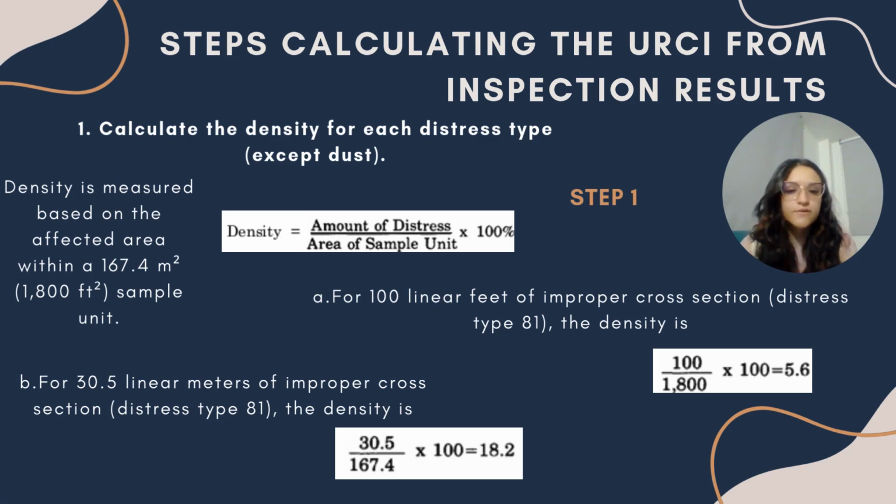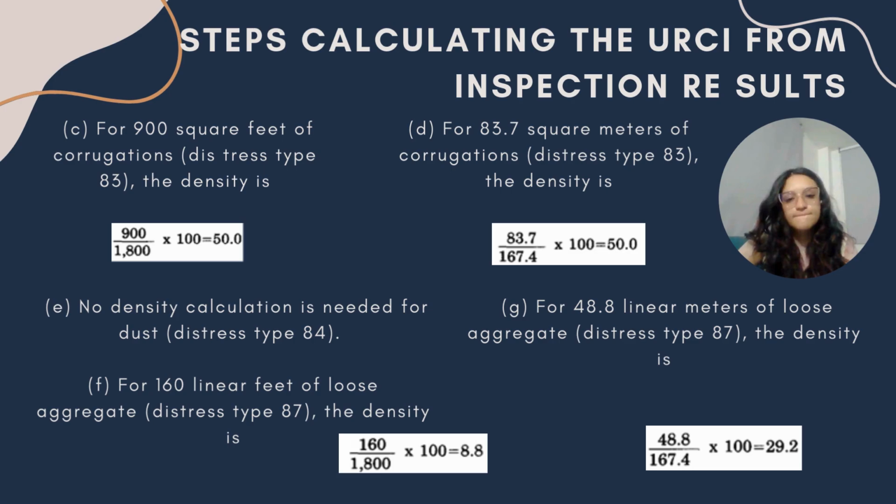Part A: for 100 linear feet of improper cross section, distress type 81, the density is 5.6. Part B: for 30.5 linear meters of improper cross section, distress type 81, the density is 18.2.